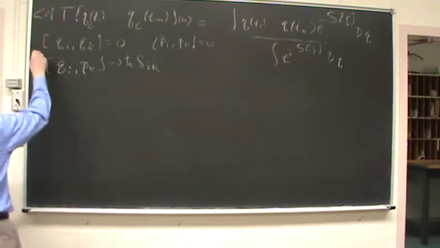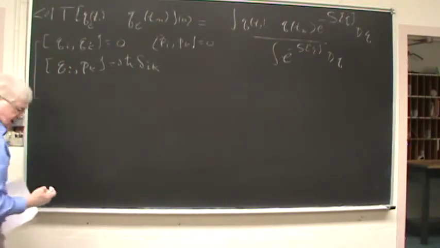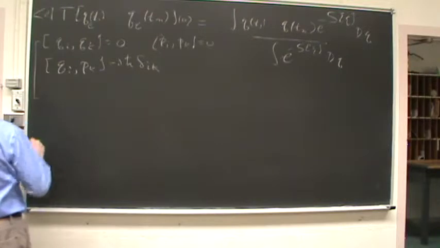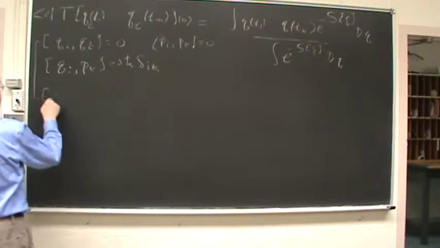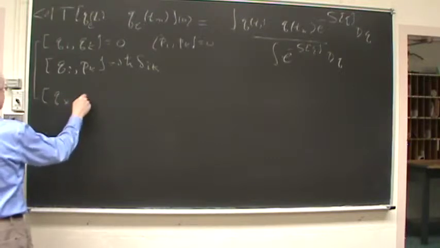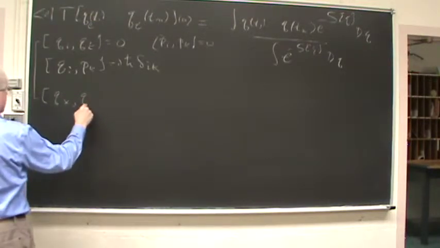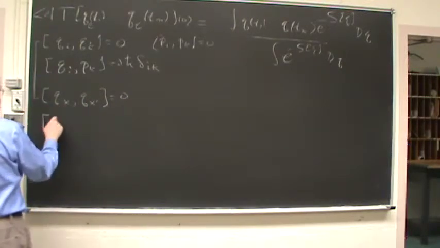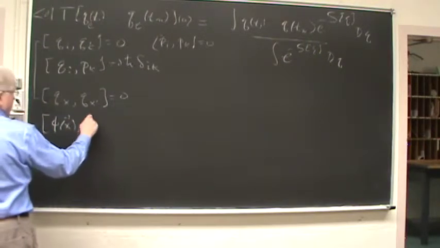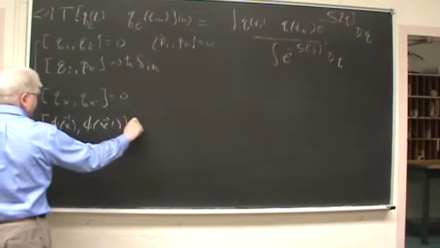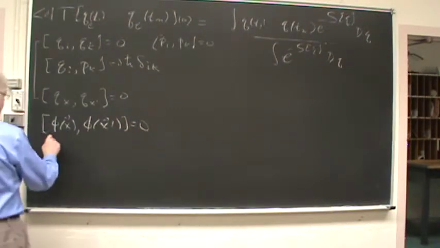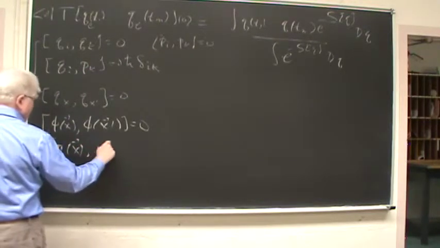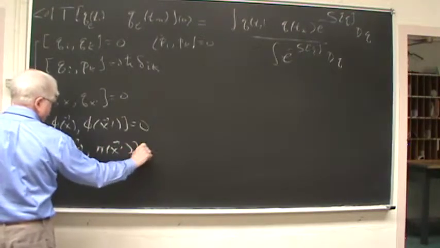And we jump from that then to imagining that i labels a point in space, not space-time, just space, and we call that space x, so it's as if we said [q_x, q_x'] should be 0, but we're going to call these fields phi of x, [phi of x, phi of x'] is 0, and then the p's we're going to call pi of x, [pi of x, pi of x'] is 0.